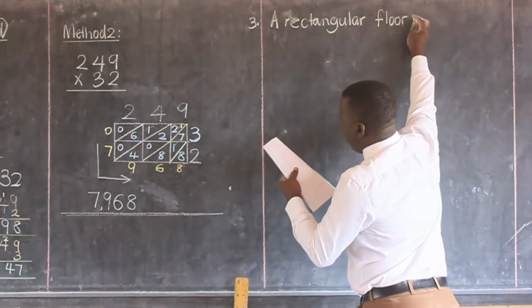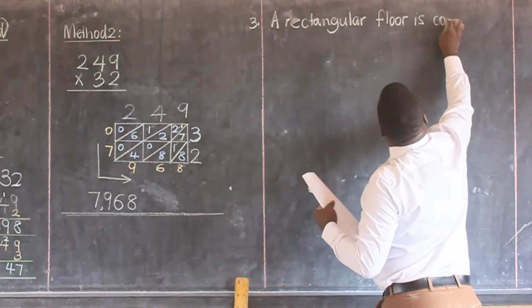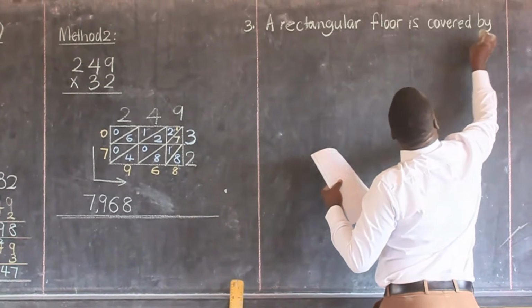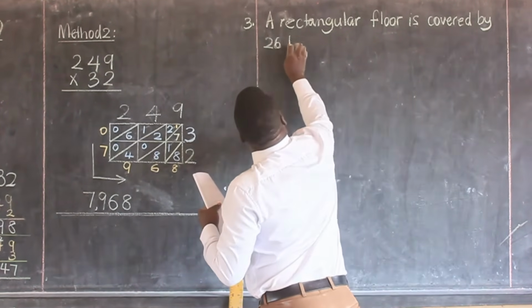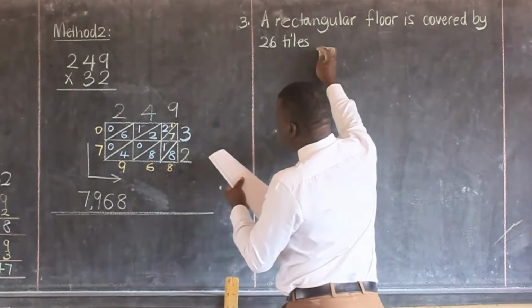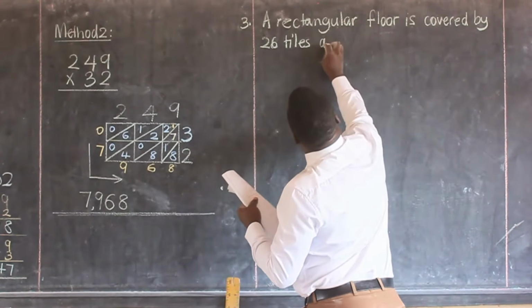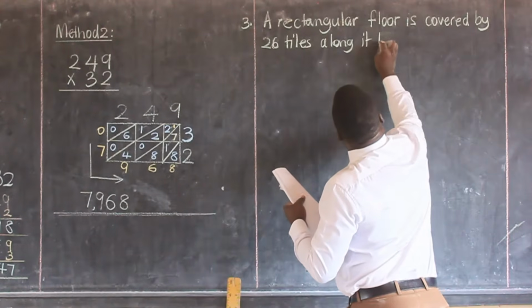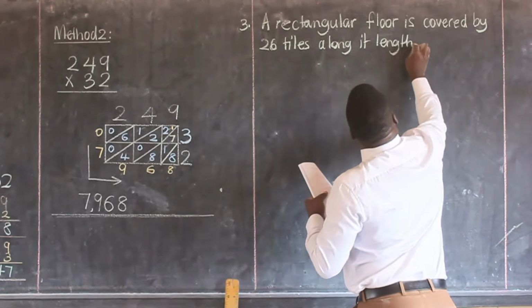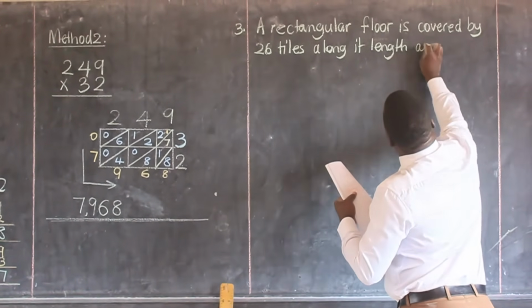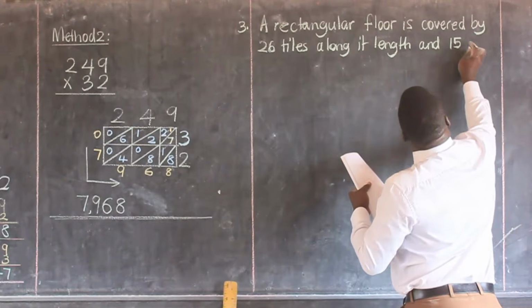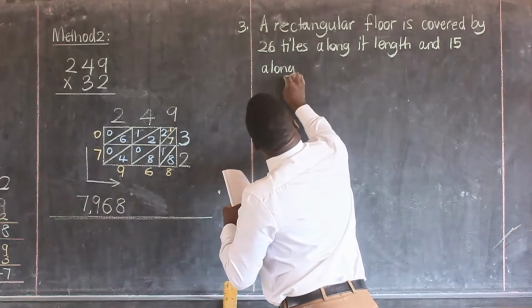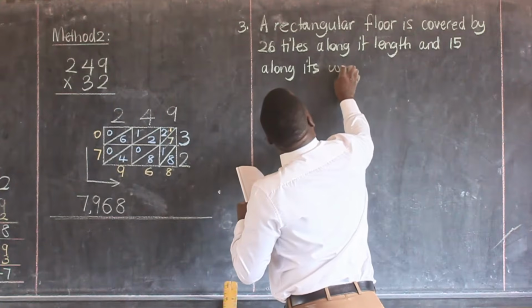A rectangular floor is covered by 26 tiles along its length and 15 along its width.